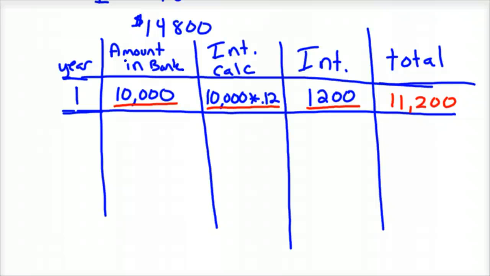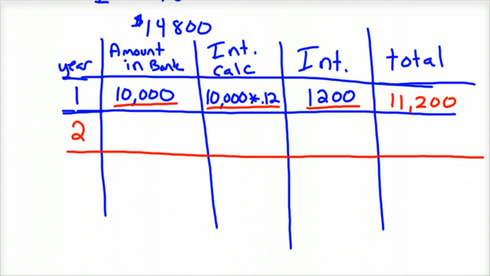So that means when you start year 2, we now have $11,200 in our bank or our investment. We get to the end of that second year, and you're going to take 11,200 times 0.12. Now, the beauty of this is we're calculating interest on interest. The $1,200 is interest, and we're going to take the 12% onto that.